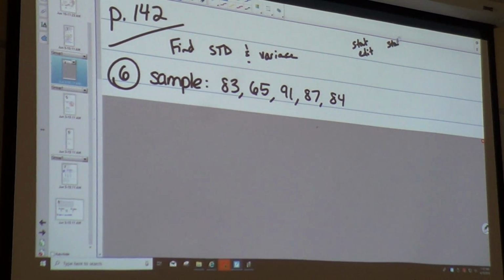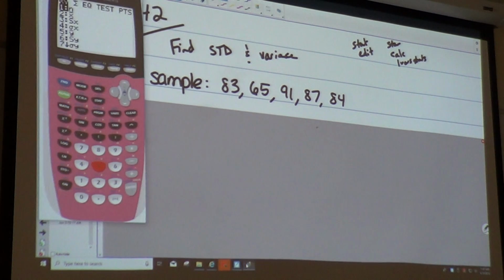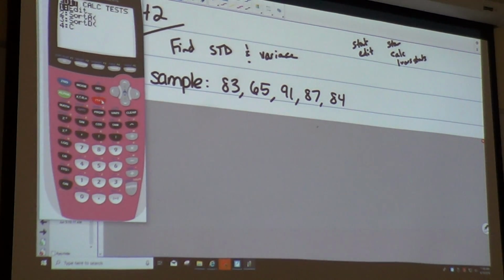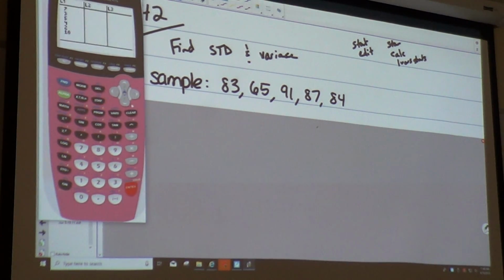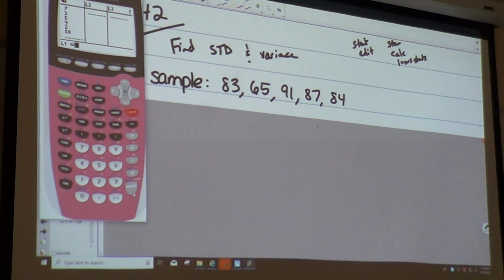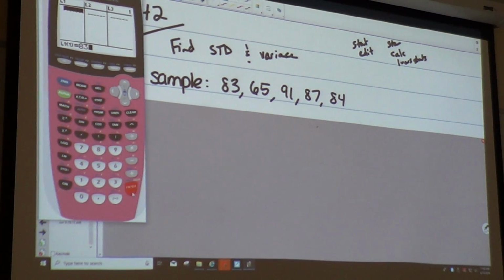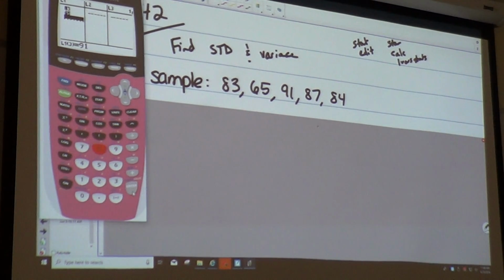Then we're going to do stat calc. Then we're going to do 1-Var Stats. We'll start off with that first. There's my stat edit.